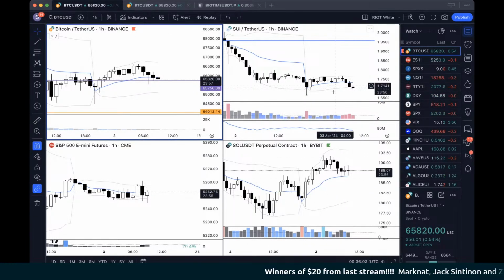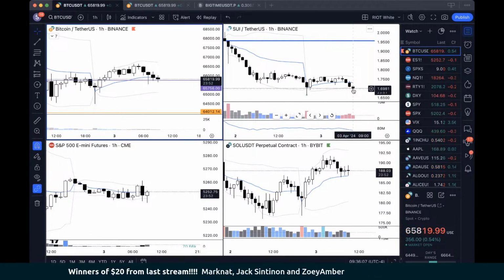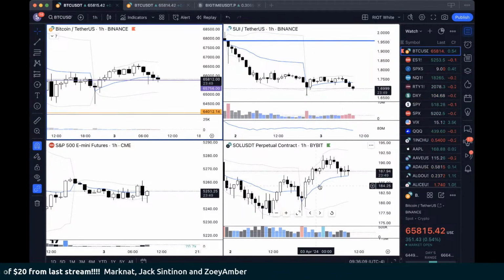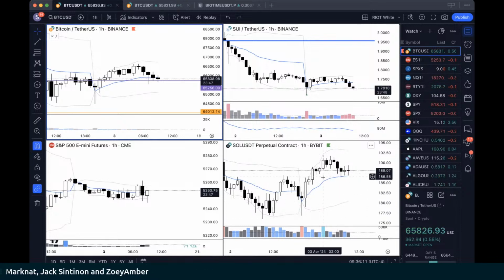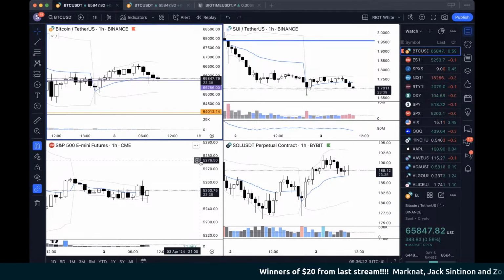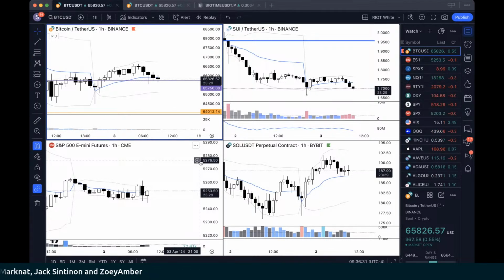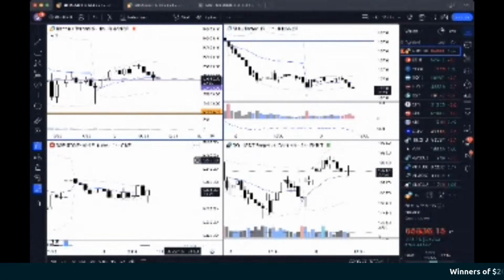Now, it doesn't mean that I'm not going to long Sui if it comes to a clean level, but my go-to is going to be Sol because it's showing relative strength. It's still going to wick way down if Bitcoin drops, but identifying relative strength and then longing those coins when you're in a bull market is one of the key strategies that I use.